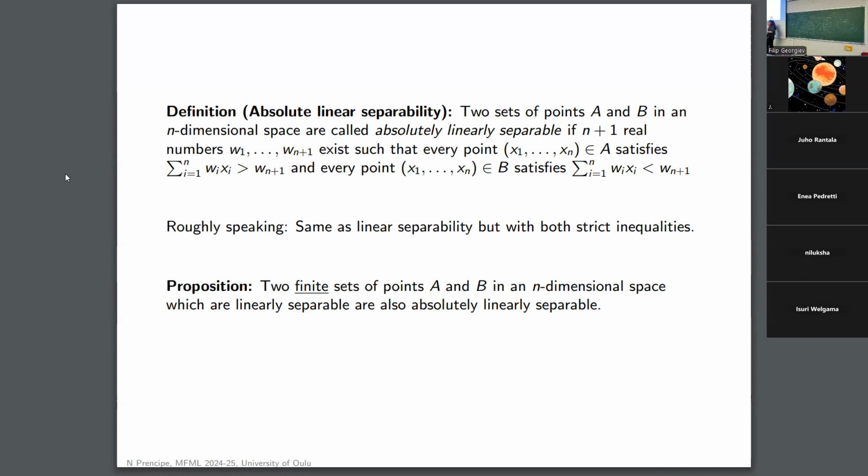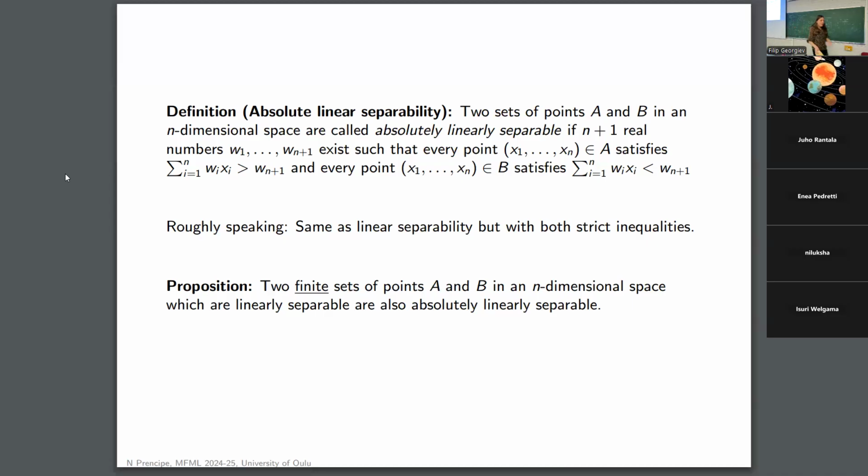The proof is that I move the line a little bit. There is an actual proof on the slides if you want to have a look. But basically, if the set of points is finite, I'm fine: absolutely linearly separable or linearly separable is fine. I just move the line, since I have the liberty of moving it over the real numbers, so I have high precision.